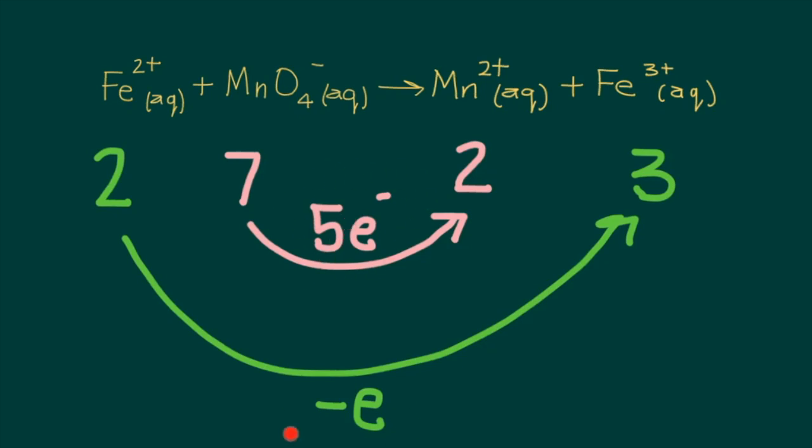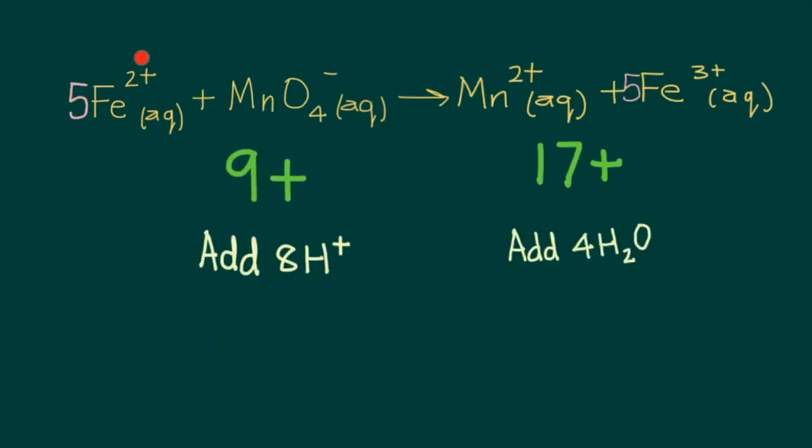This loss of 1 and gain of 5 is our first prompt in going about balancing this redox equation. And here we can see that the 5 electrons that are needed to reduce this ion comes from 5 Fe2 pluses, each of which will lose an electron to give us 5 Fe3 pluses.